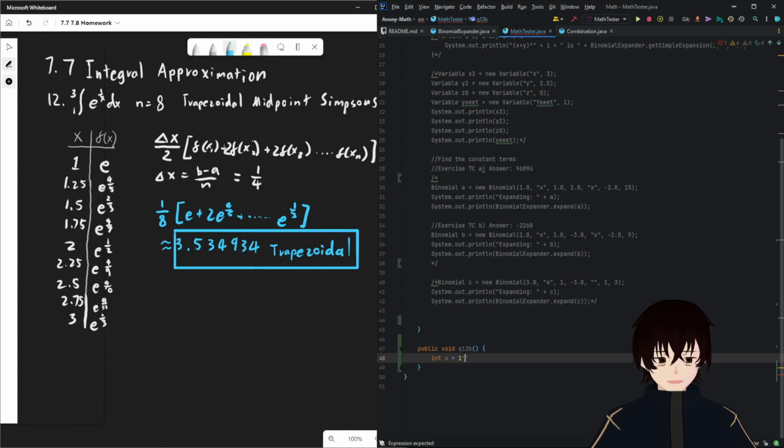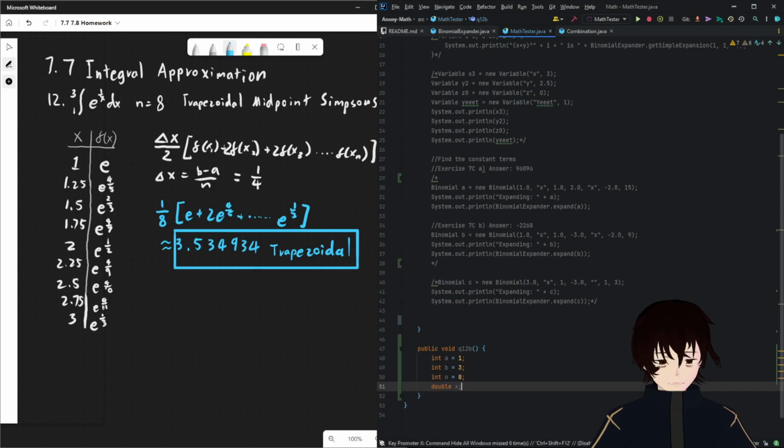A is 1, B is 3, N is 8, and X. Or rather, we should say for double X equals A, X is less than or equal to B, x plus n equals to our interval, which is b minus a over 8.